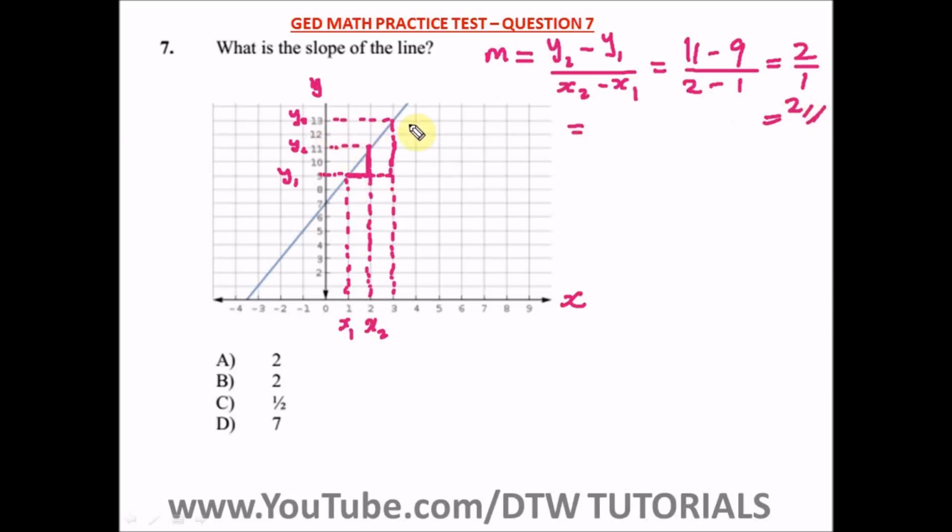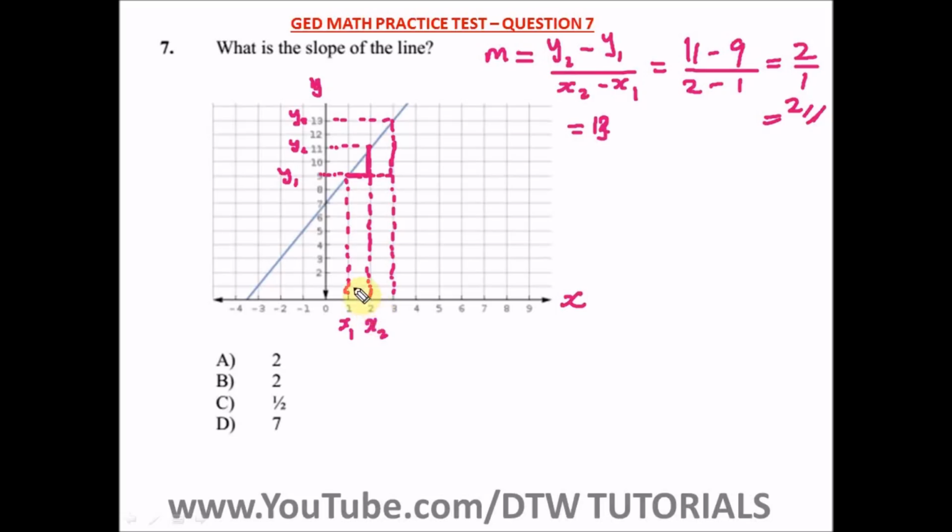So what is y2 here? Our new y2 is 13. Why did I pick this point? You have to pick points that will be easy for you to trace down. If you pick a point here and try to trace down, you don't know where it falls. It might be 2.5, it might be 2.6, it might be 2.8. So it's always good to pick a point that traces down to an exact integer.